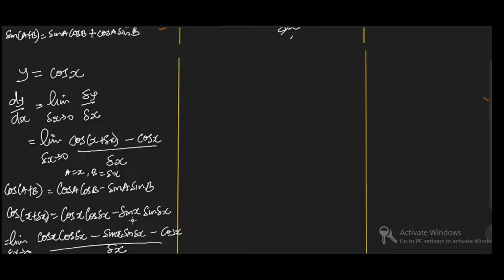Still, we bring back our approximation rule. From our small angle approximations, for small values, we know that sine theta tends towards theta, and cos theta tends towards 1 minus a half theta squared.